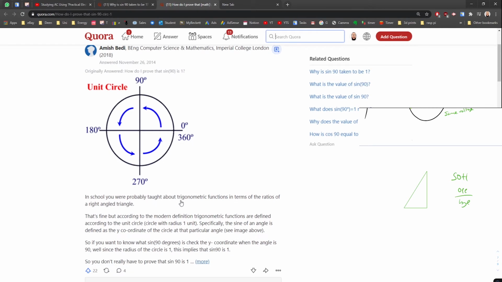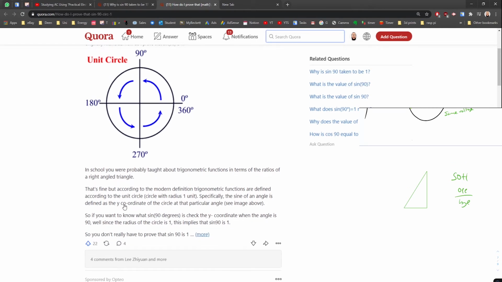In school, you're probably taught about trigonometric functions in terms of the ratios of a right angle triangle. That's fine, but according to modern definition, trigonometric functions are defined according to the unit circle with radius 1 unit.